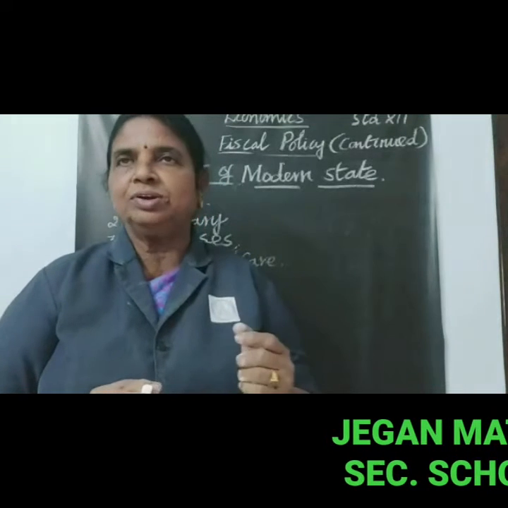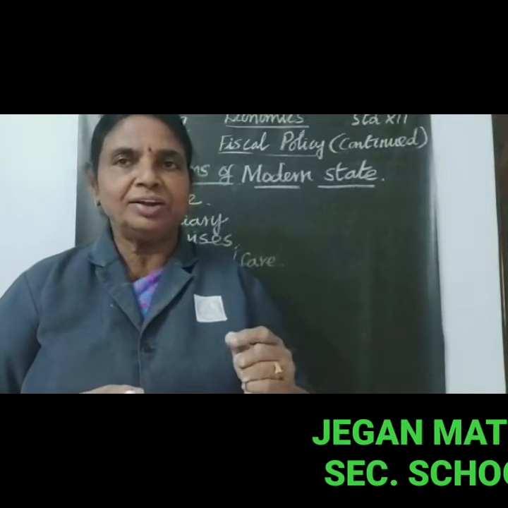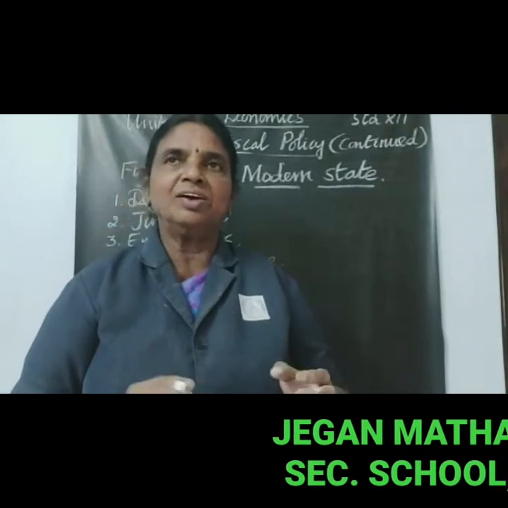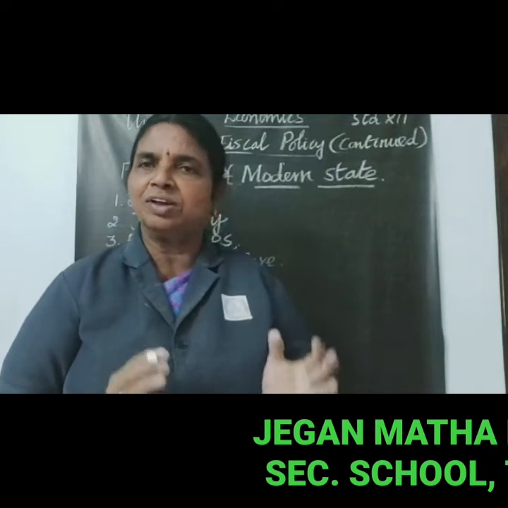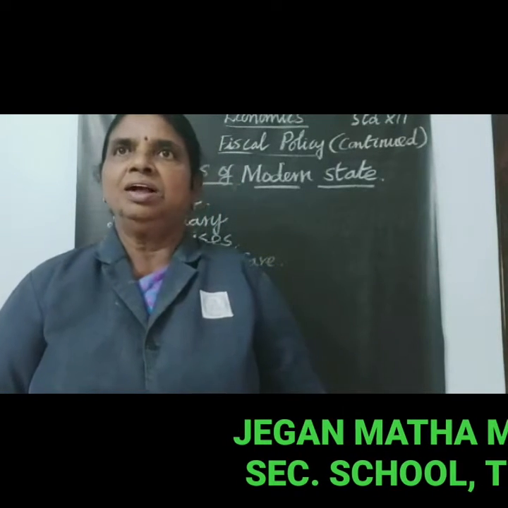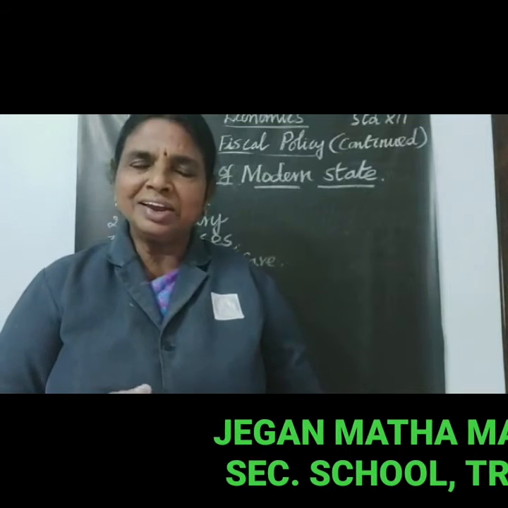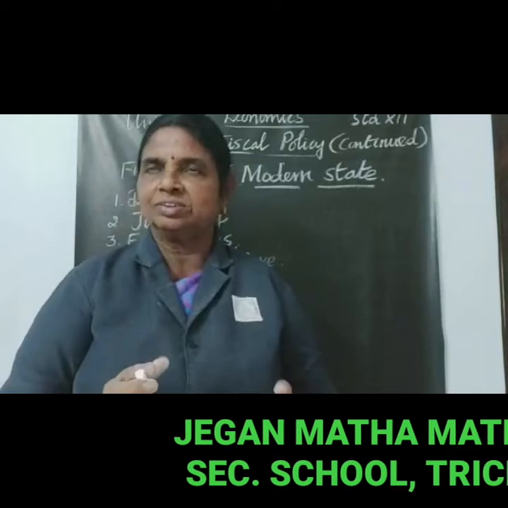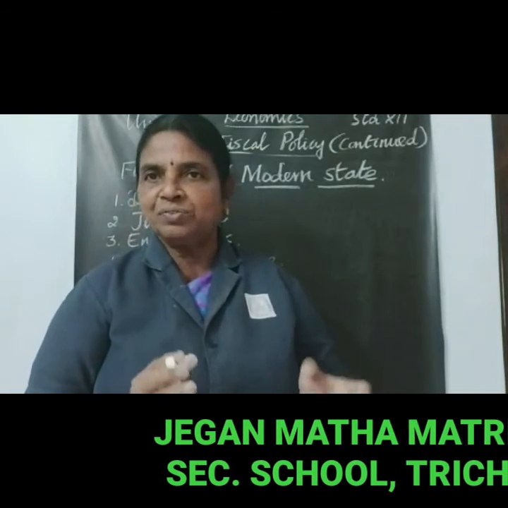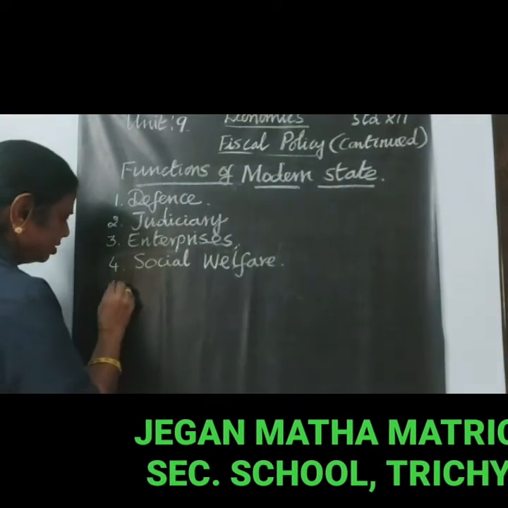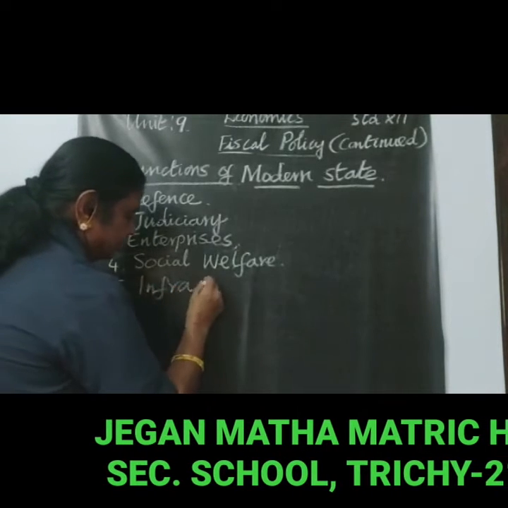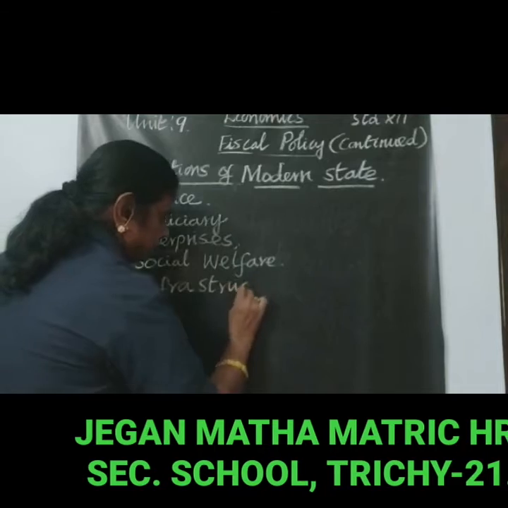And fifth duty is providing infrastructure. Modern states have to build the base for the economic development of the country by creating social and economic infrastructure. Providing infrastructure is another important duty of a modern state.